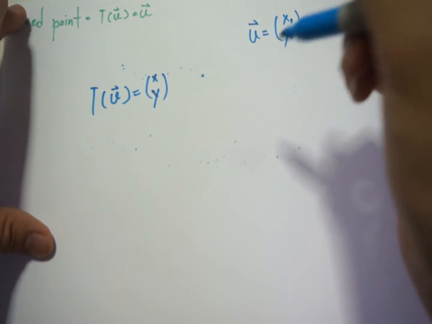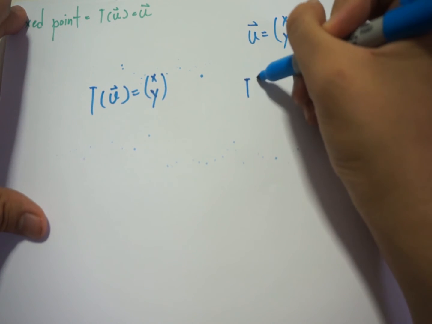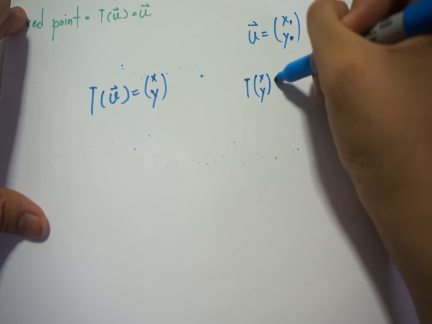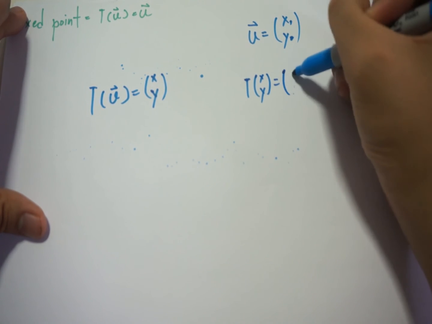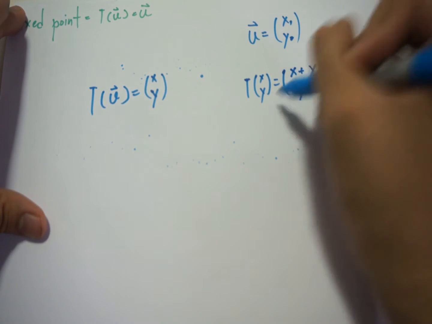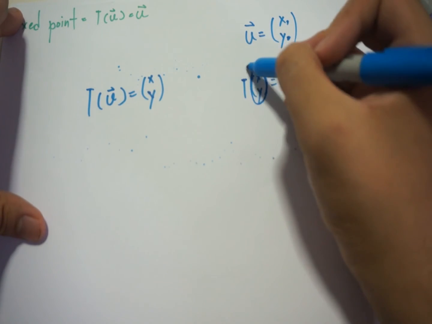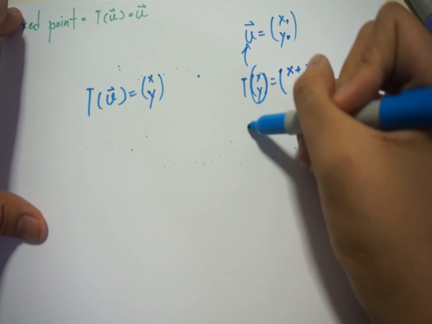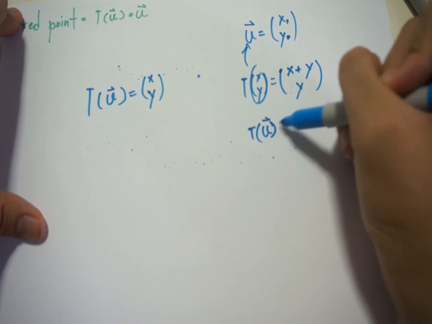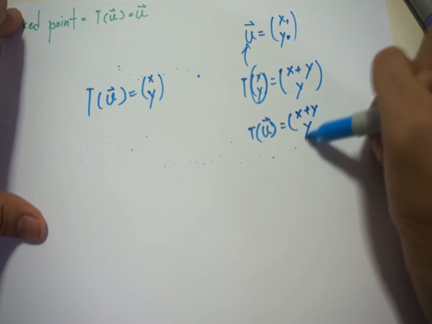Okay, this is how I'm going to turn this. From the general form that we found, we see that it is this x plus y, and for the y is y, so this can also be u, so that means that tu would equal x plus y, y.